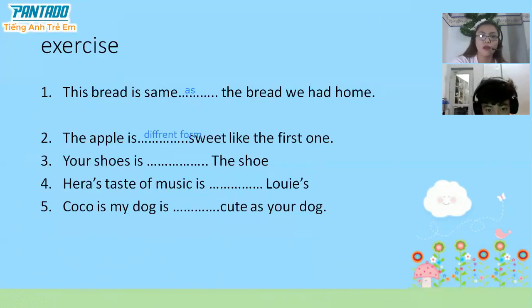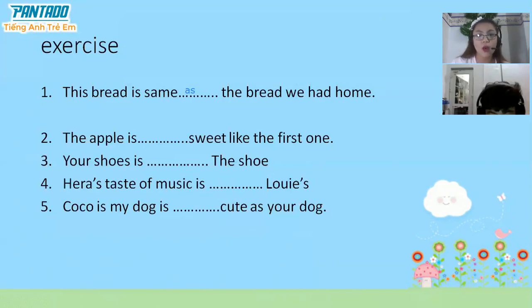Different from, the apple is different from. Okay. I don't know. Okay, so let's leave that one. What about number three? Oh, let's skip number three.